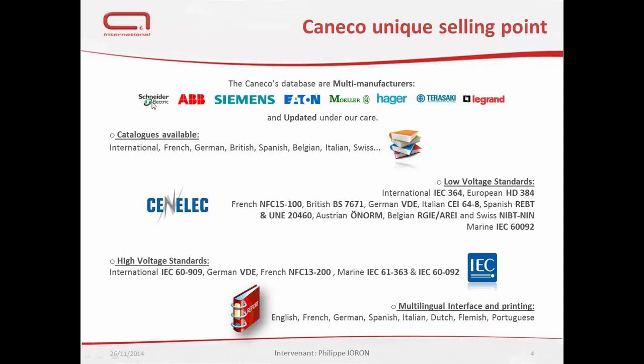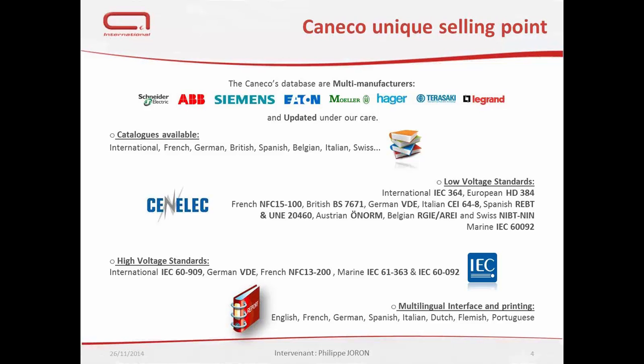The great added value also is that we provide software for the different countries where we are present. That is to say that we can provide software for Belgium, Germany, Italy, Spain, Africa, with catalogs localized for the project that you are managing.